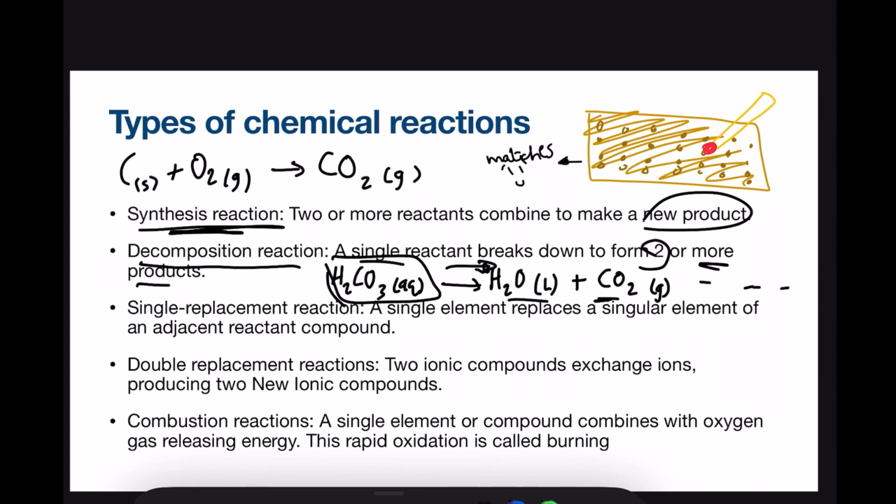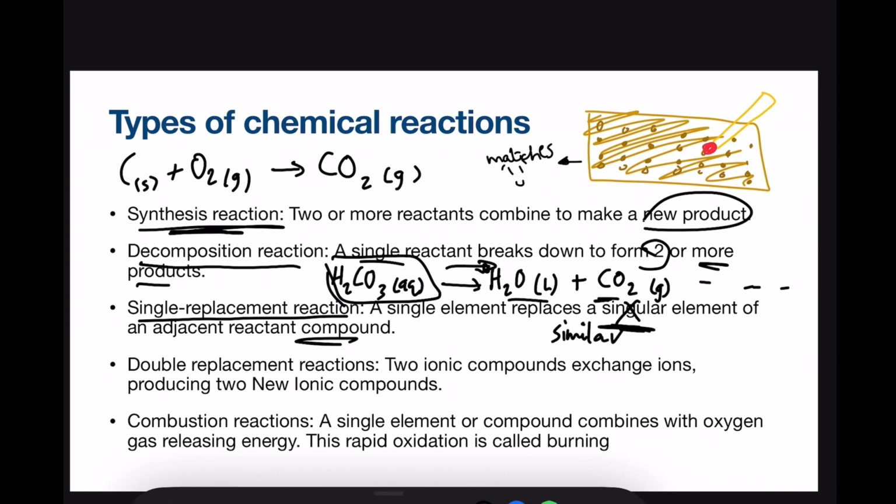And the next one is the single replacement reaction. Here, a single element replaces a similar element in an adjacent reactant compound.